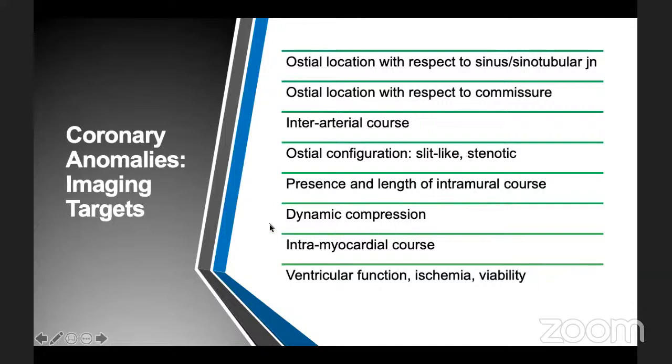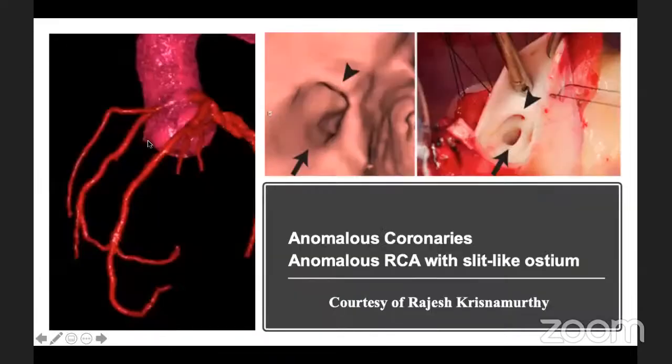Then there is functional information like dynamic compression, so the ostium always changing during the systolic and diastolic phases, and the intramyocardial course for bridgings, for example. Other elements of functionality, like ventricular function and ischemia viability, I'm not going to talk about today. I will be focusing on these aspects that are more anatomical and more focused on the coronary origin and course.